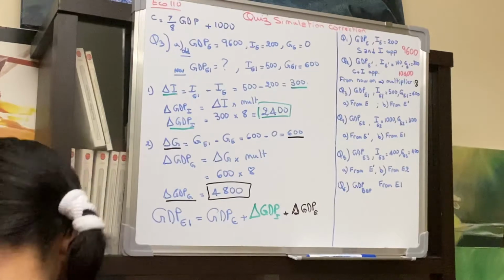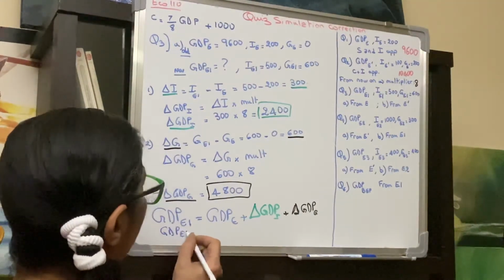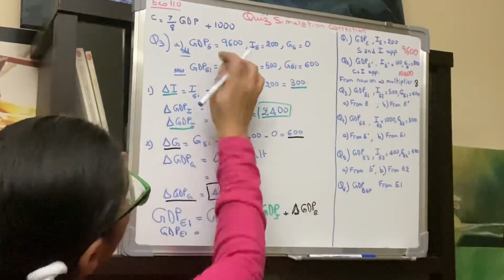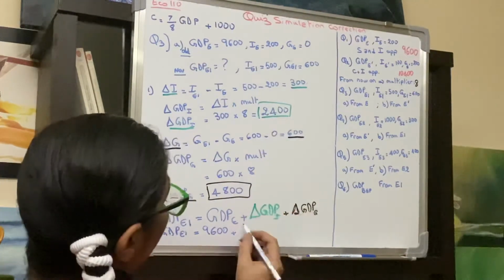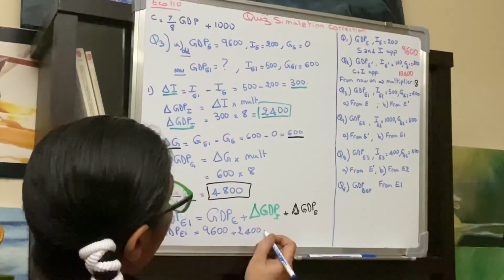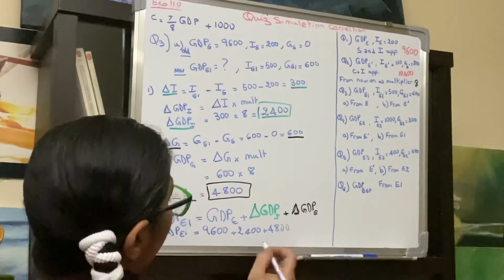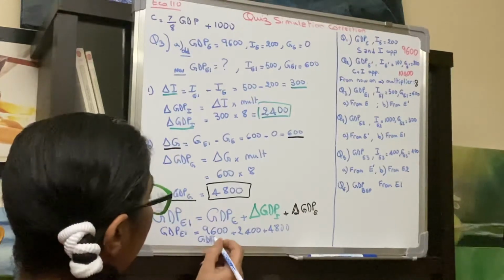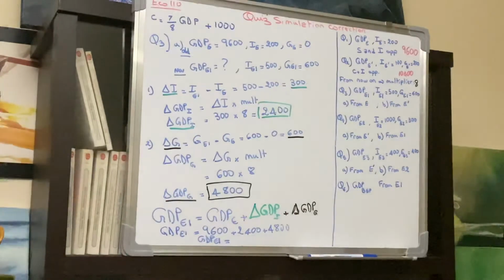So GDP E1 is equal to 9,600, the old GDP, plus 2,400, plus 4,800. So GDP E1 is equal to, let me check if you can see the last line. Yes, you can.